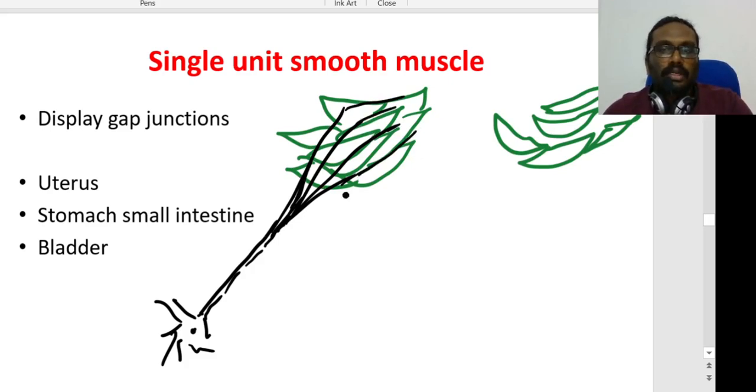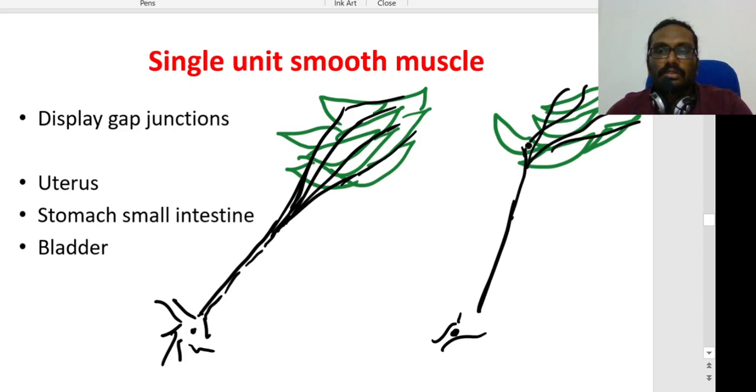അപ്പോൾ ഇവിടെ ഓർക്കേണ്ട കാര്യം, in this unit, in another unit, what you can find is another nerve cell is going to supply this. For a single unit, this is one unit.